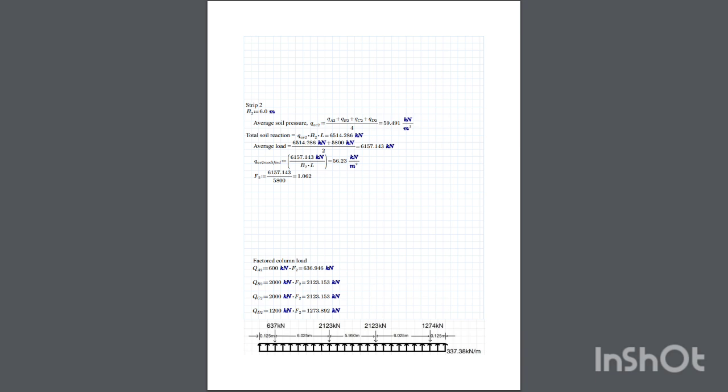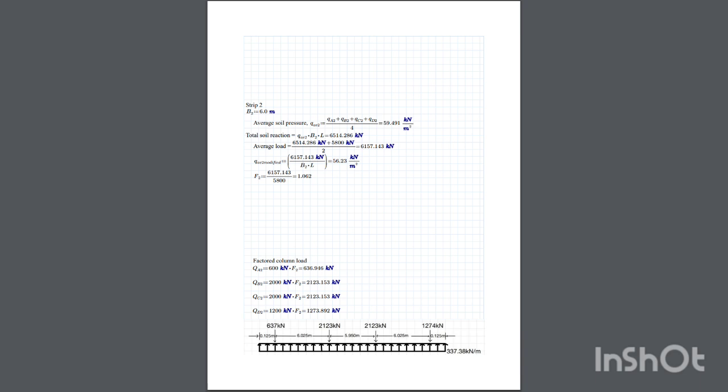First, QA2 is 636.97 kilonewton, and then QB2 is 2123.16 kilonewton.